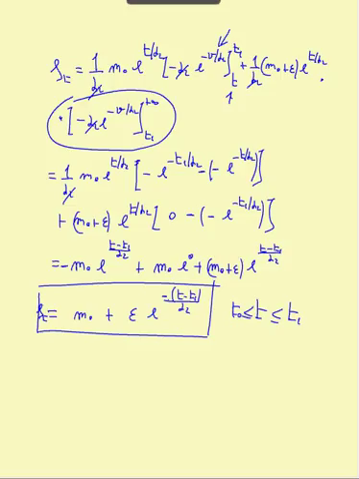As you can see, in t0 you have a jump in the exchange rate, because you can substitute t0 for t, but the jump is not equal to epsilon, it's lower than epsilon. It is the discounted value of epsilon between t0 and t1.